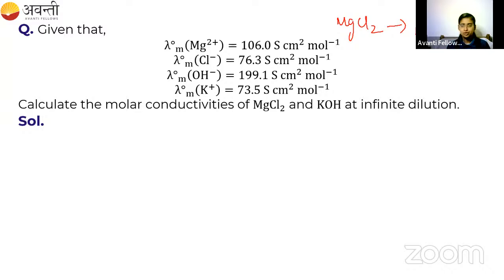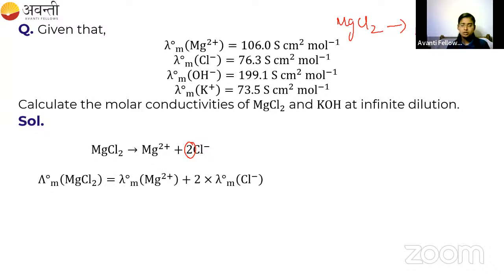Now we have to substitute the lambda m naught values of Mg2 plus and Cl minus. Since we have 2Cl minus here, I have to multiply the given value by 2. Lambda m naught of MgCl2 is equal to the Mg2 plus value plus 2 into the Cl minus value.